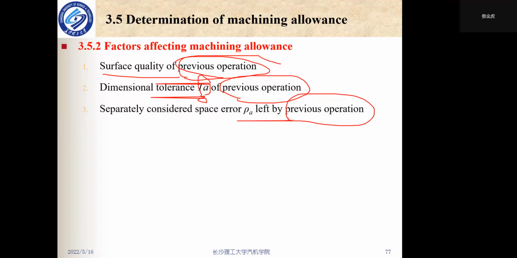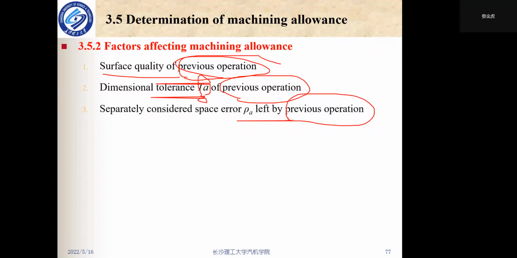The third factor is separately considered space error left by previous operation. Because space error means some form and positional errors which are not included in the limit deviation of dimension, such as straightness, concentricity, and so on.